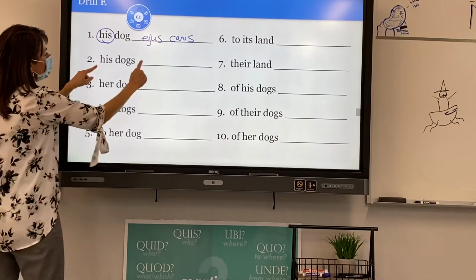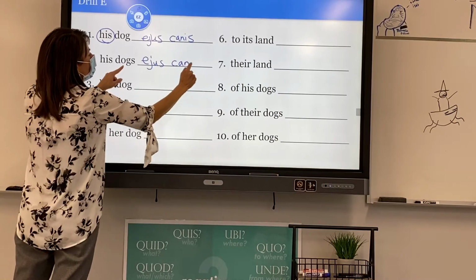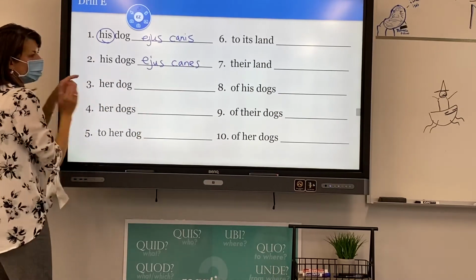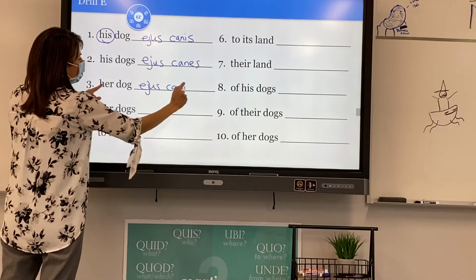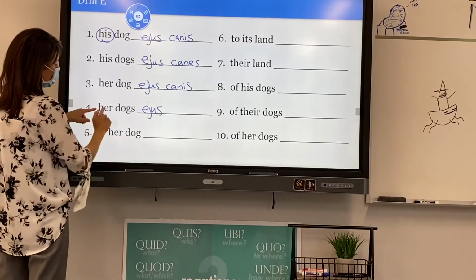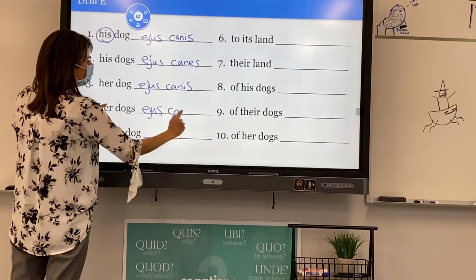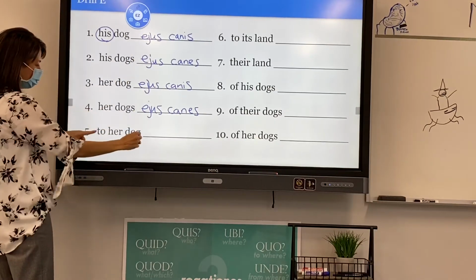So his dogs, it's still AUS, and then just turn your dogs into plural, canes. Her dog, AUS, canis. Her dogs, still AUS, still just her, but now your dogs is plural. Okay, this always stays genitive.